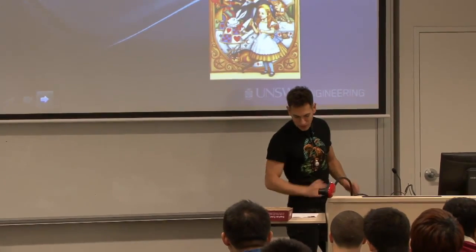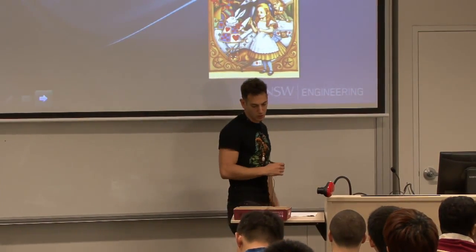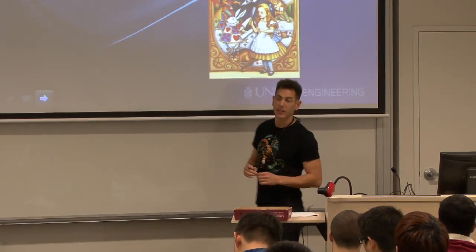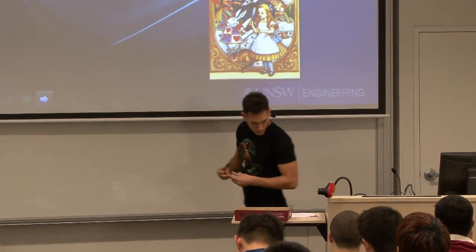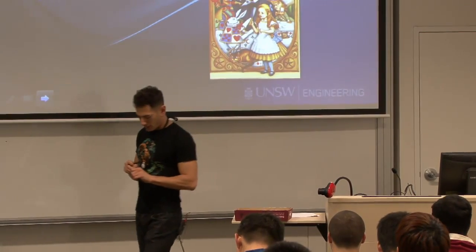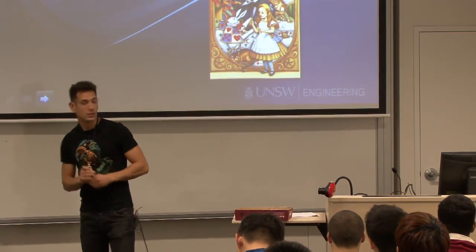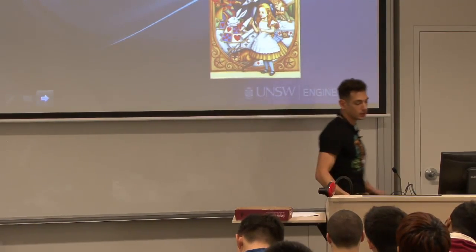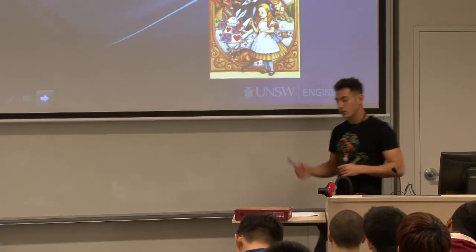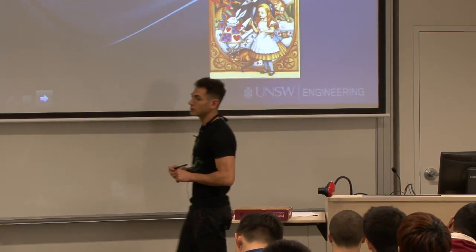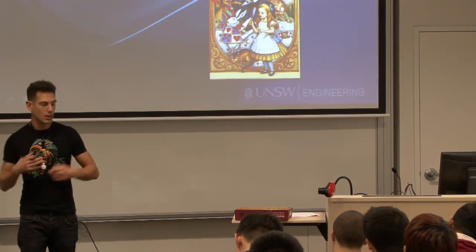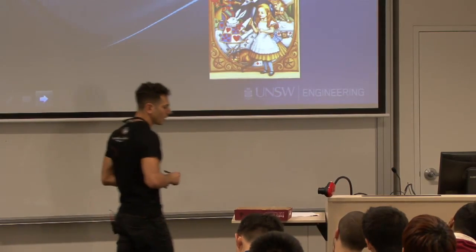He went to Christ Church College of the Oxford University back in 1851. He did mathematics. He was actually a mathematician. We all know him for the books that he wrote, like Alice in Wonderland, but he was actually a mathematician. More than that, he was a logician. So he was interested in logic equations, which is what we will be dealing with here.